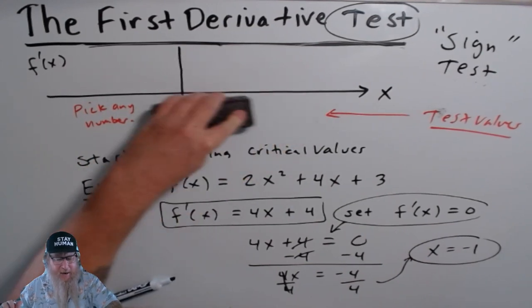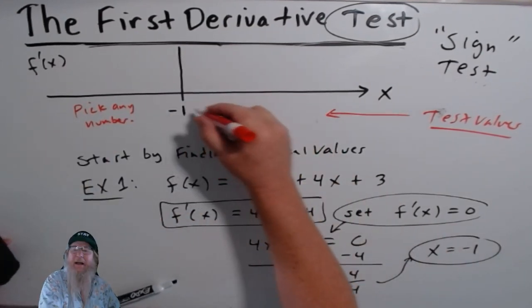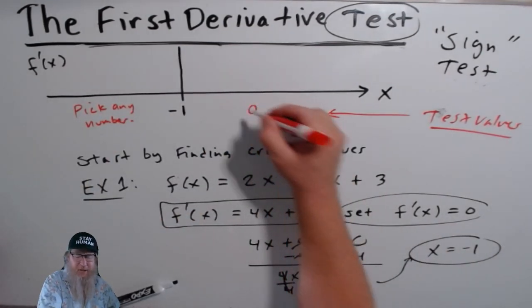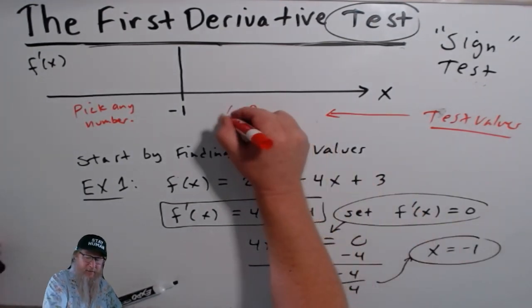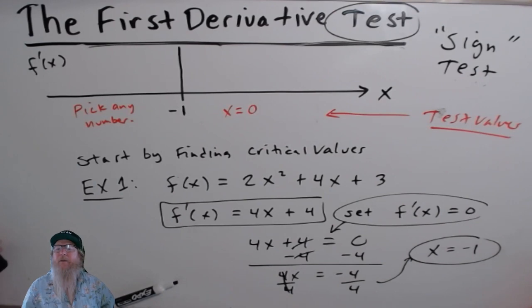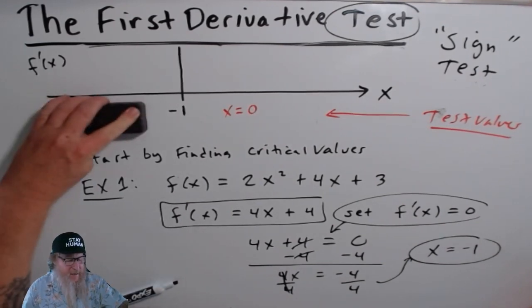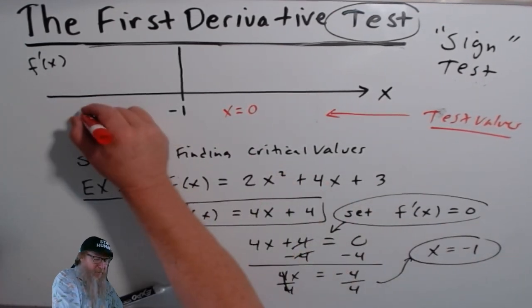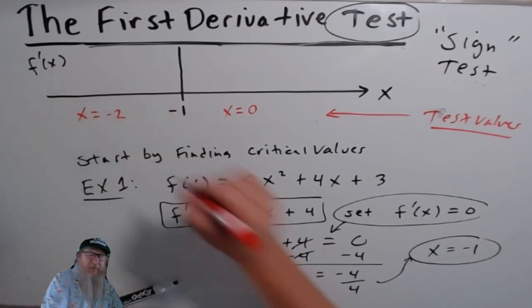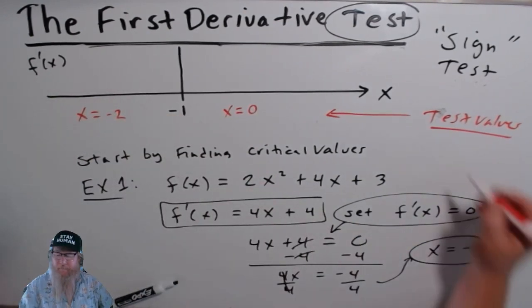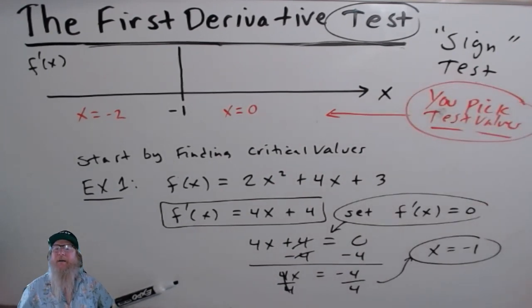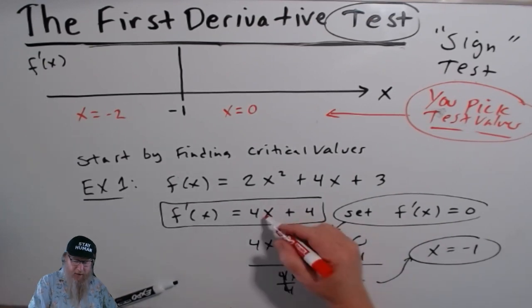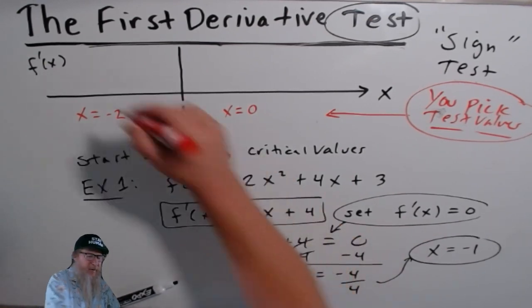So pick any number that is on the right of -1. So 0 is a good number to test. x equals 0. And then any number that's on the left of -1. So x equals -2. You pick the test values. They can be any numbers that you like. All right, and then plug them into the derivative.